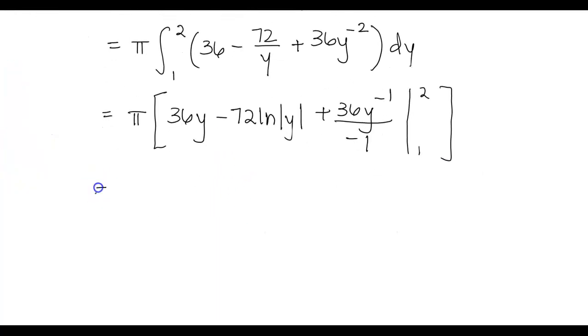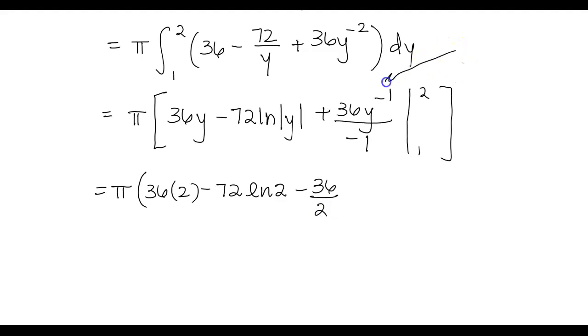So first, applying the fundamental theorem of calculus, we'll plug in our upper limit of 2. So we have 36 times 2 minus 72 multiplied by natural log of 2 minus 36 divided by 2. If it's helpful for you, this term here is just a negative 36 divided by y when I rewrite that term. So I plugged in my upper limit.